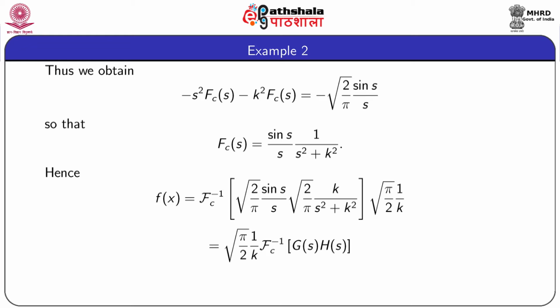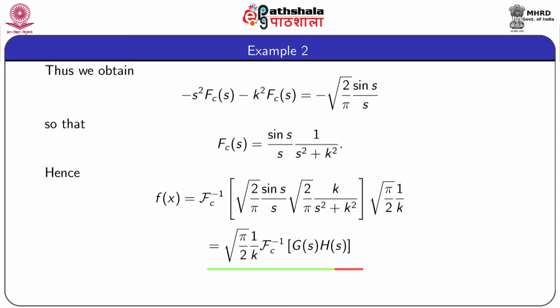Taking inverse Fourier cosine transform of the left hand side gives small f(x), that is equal to Fourier cosine inverse of root over 2 by pi sin(s) by s into root over 2 by pi k by s square plus k square into root over pi by 2 into 1 by k, and that is equal to root over pi by 2 1 by k Fourier cosine inverse of G(s) H(s).